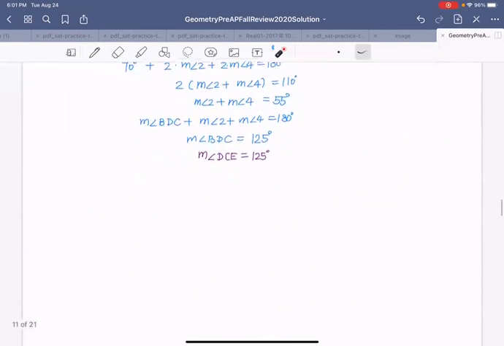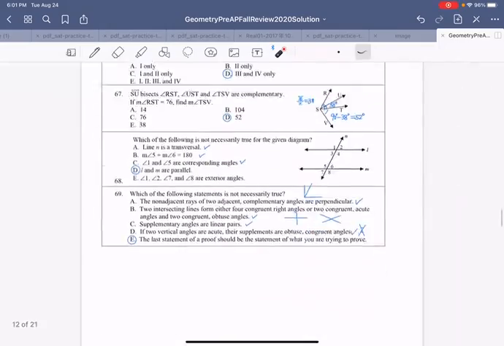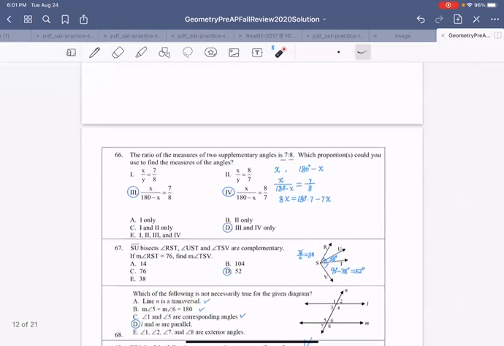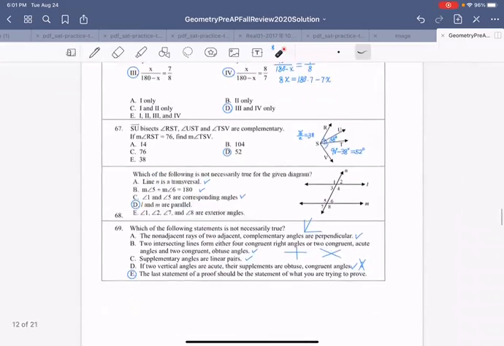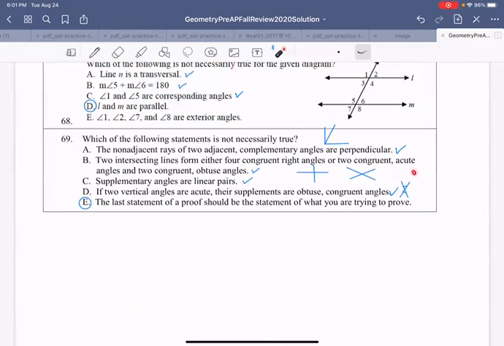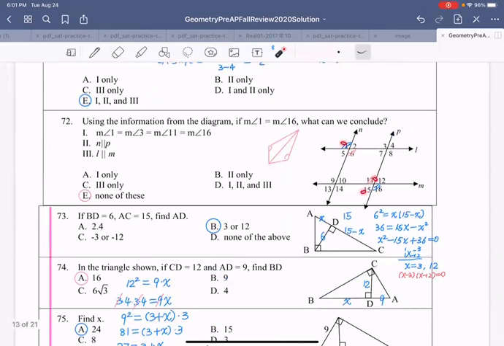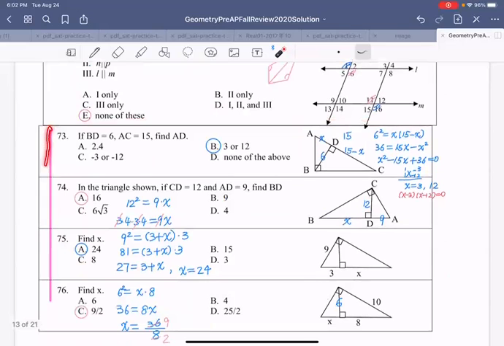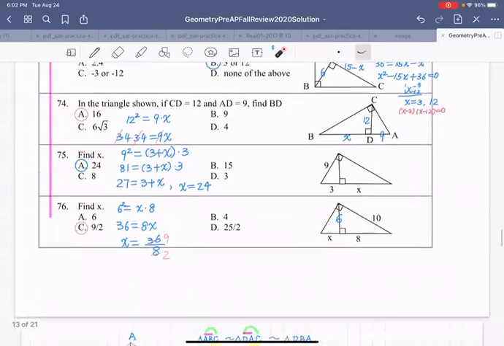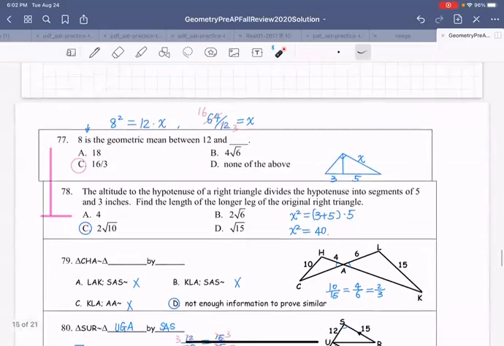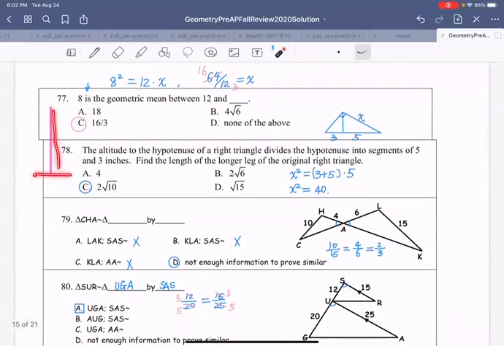That's for today's class. There are still other questions. I do have my solutions there. I don't think they are hard enough, so you can review those questions by yourself. Those slope definition and distance formula questions, those angle relationship questions, you can all handle. From 73, those pink questions, we haven't learned this yet, so hold those questions until we start next class.